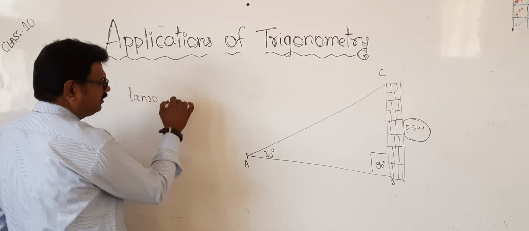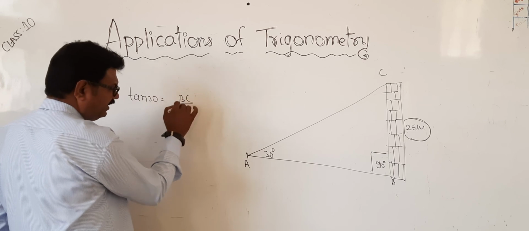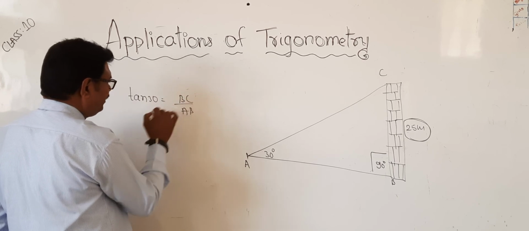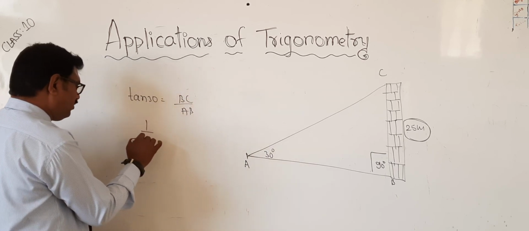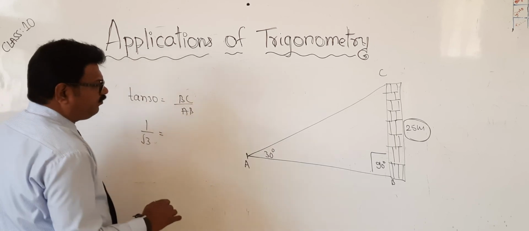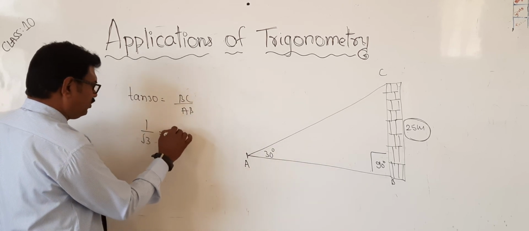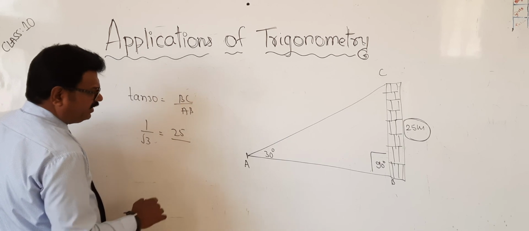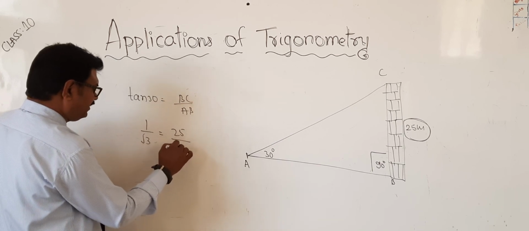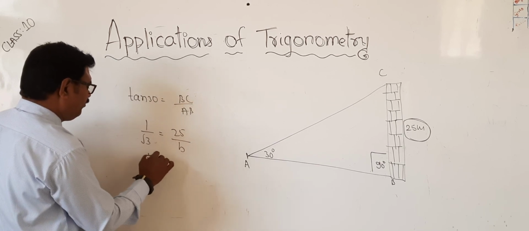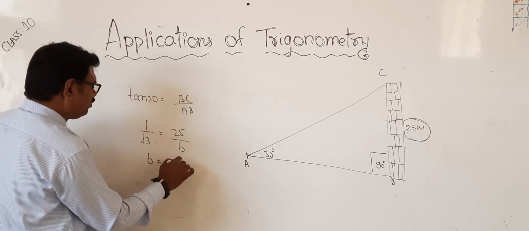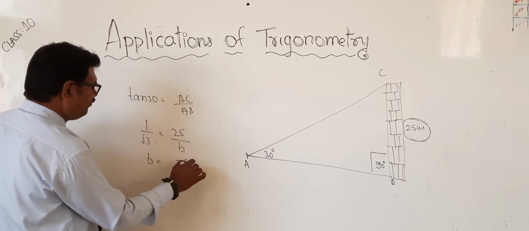Tan 30 is nothing but BC divided by AB. So tan 30 is 1 by root 3. BC is how much? Yes, 25. And AB is nothing but the base. Therefore the base is equal to 25 root 3 meters.